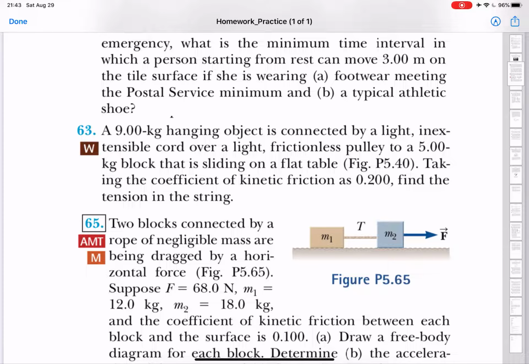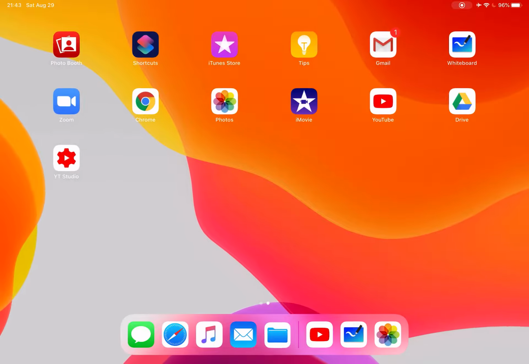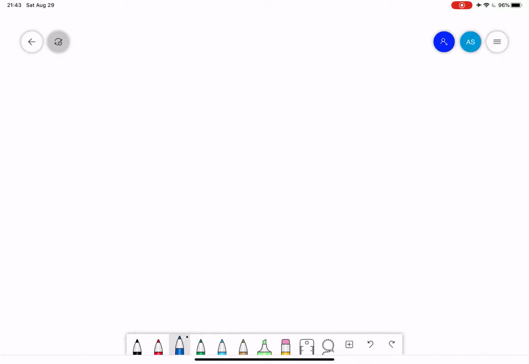Now, the picture is missing, so let me draw it. In the picture, basically we have the flat surface. Here we have a pulley.